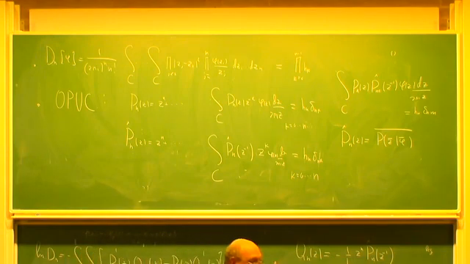Only in 1989, by Johansson, was it proven for complex phi. But the other, of course, great names are Ilyashenko and... no, I'm sorry.